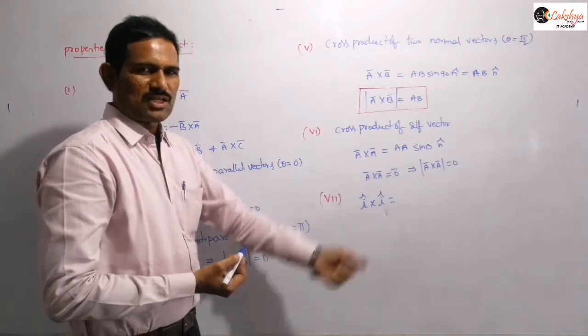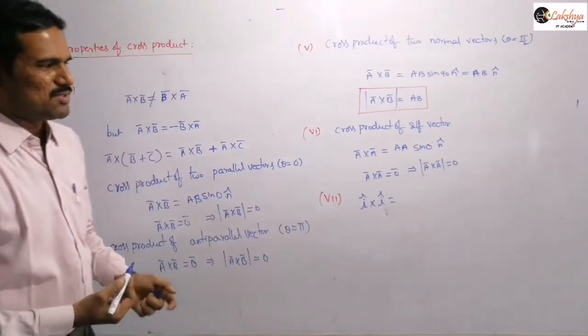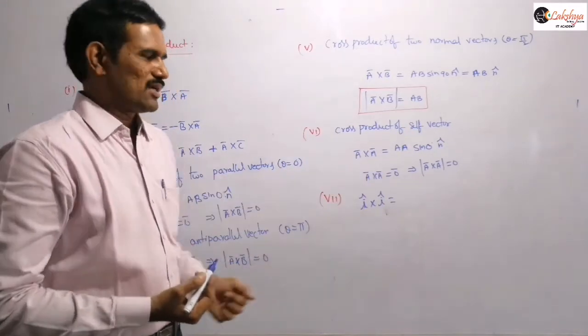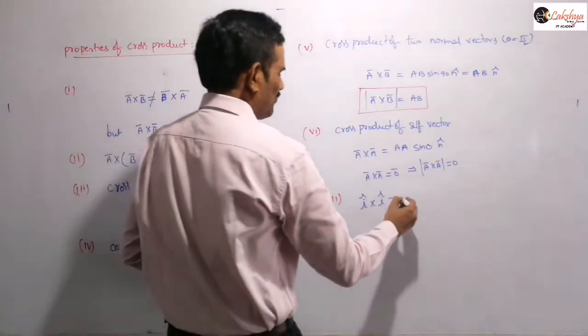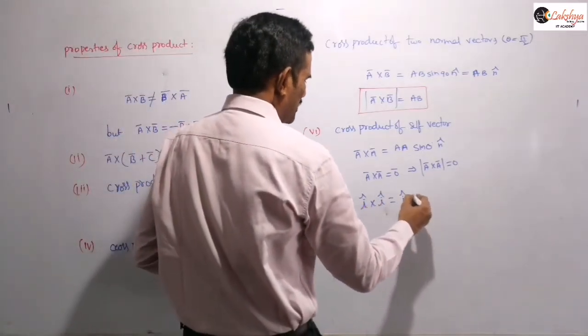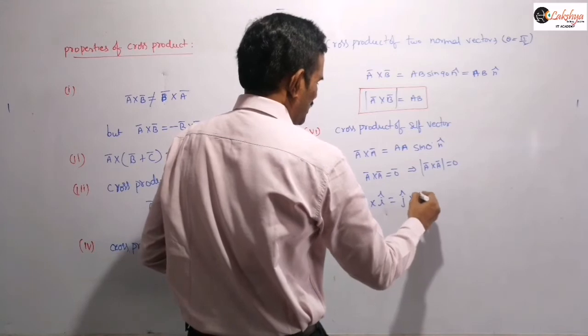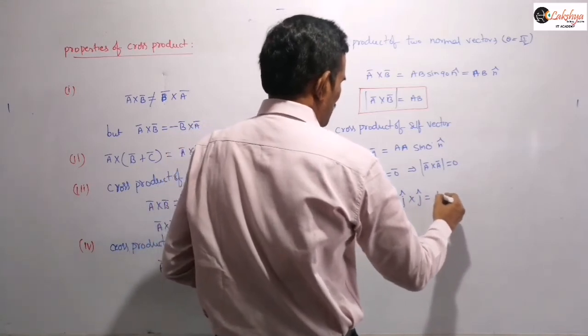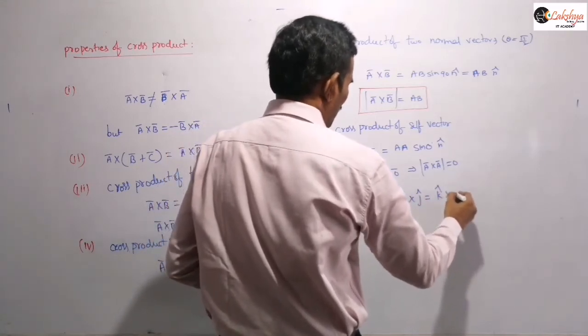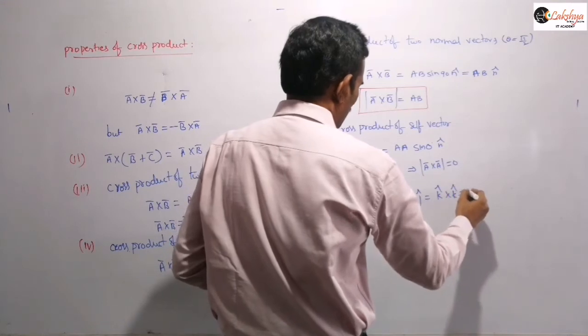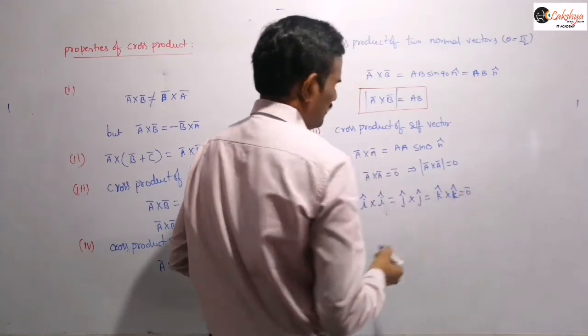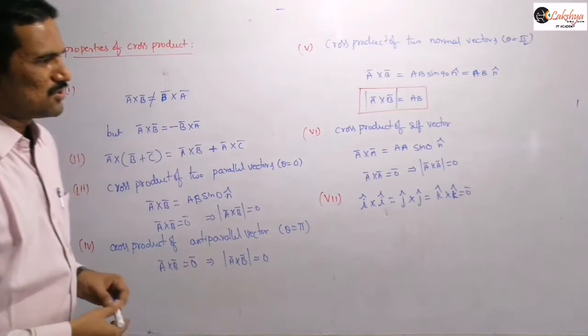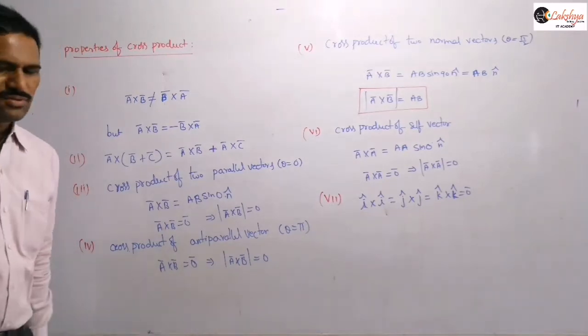If you are finding the cross product with the same vector, then its value will be 0, because sin 0 gives 0. So this value will be 0 bar. Similarly, I am extending this: j cap cross j cap and k cap cross k cap, this value will be 0 bar. Simply we write it as 0 bar or 0. Its magnitude will be equal to 0.